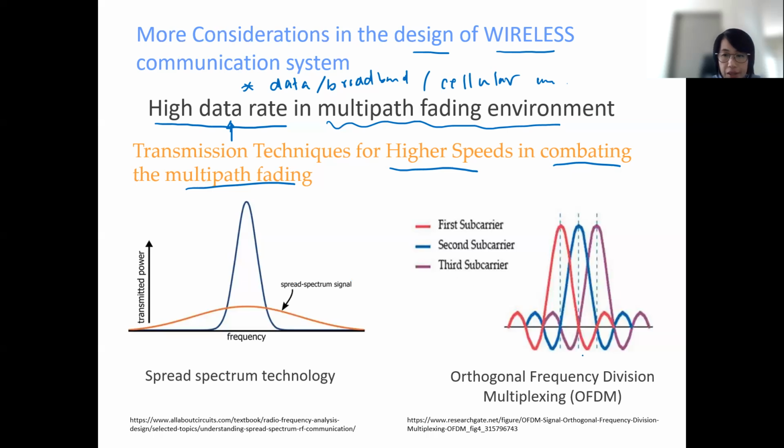You will see the words spread spectrum. One is frequency hopping spread spectrum, and one is direct sequence spread spectrum, right? You have seen these words before. So it means that using general modulation is not enough, okay?